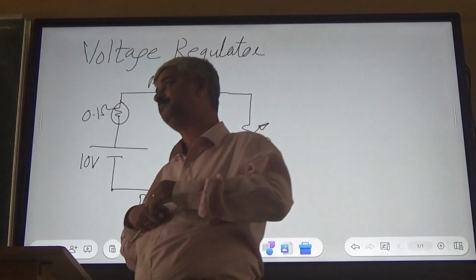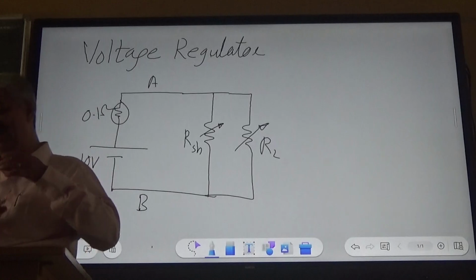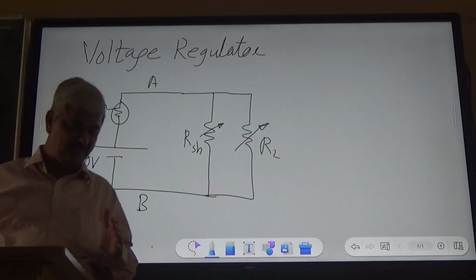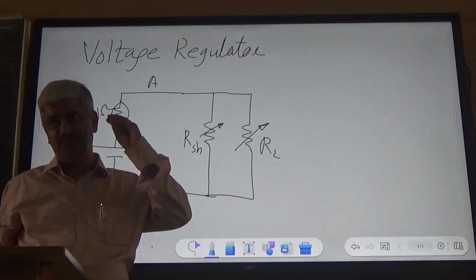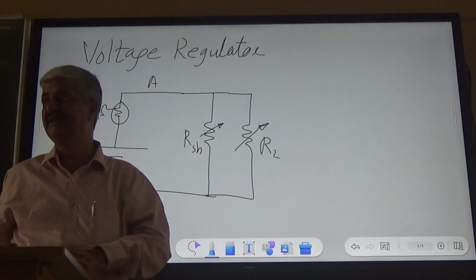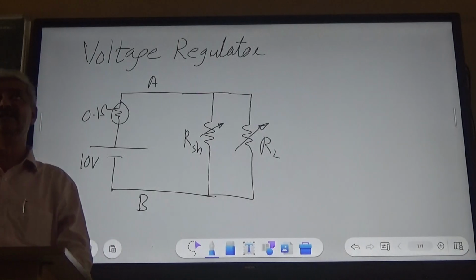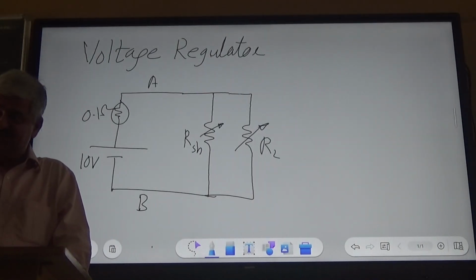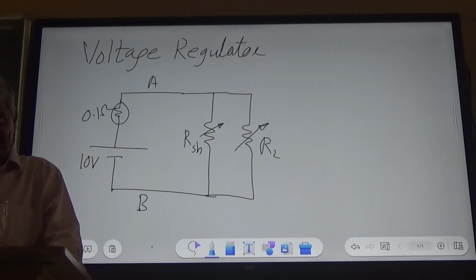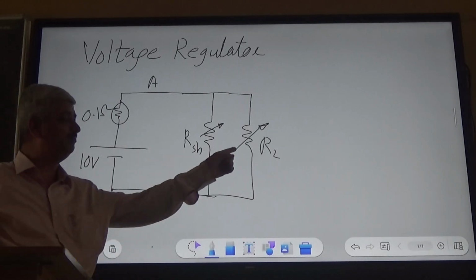So the value or the rating of the power supply, which would be a regulated power supply, regulated power supply means it is like an ideal voltage source within a range. It is possible that value should be less than 10.